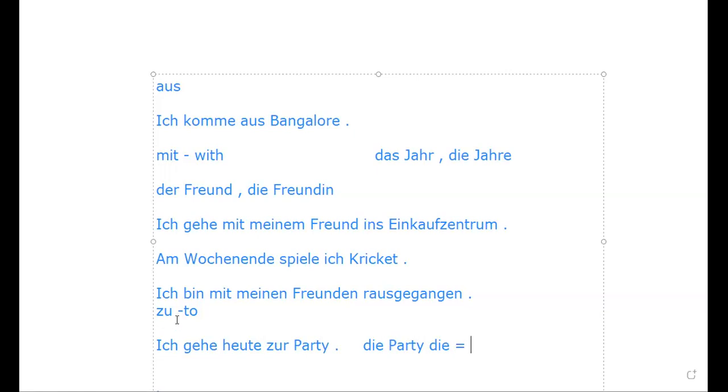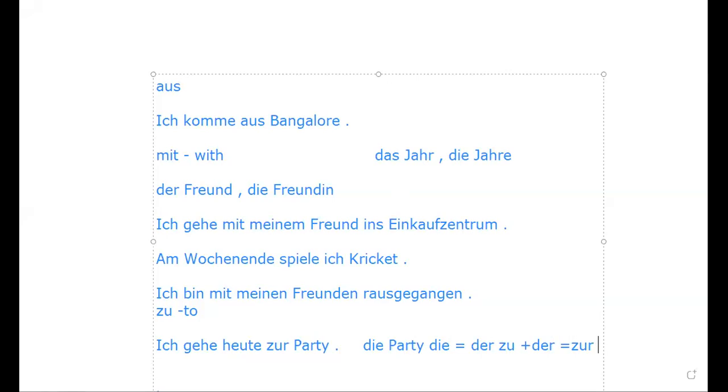The article changes. Die will change to der exactly. So in the dative case, die will change to der. So zu plus der combined we are able to say zur. So zur here is nothing but zu plus der combined. So zur Party. It's clear?